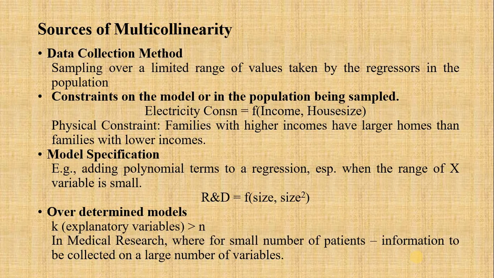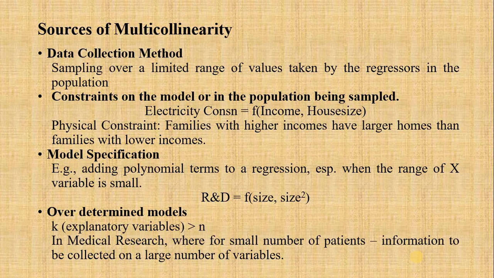This tells us that we are using a polynomial term in the regression. As you know, in certain cases we have to use the polynomial model. For example, if you are measuring the average cost curve, it is U-shaped. In order to get this U-shape, we need to use the polynomial model.